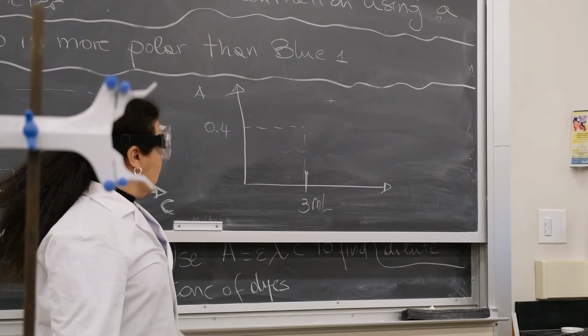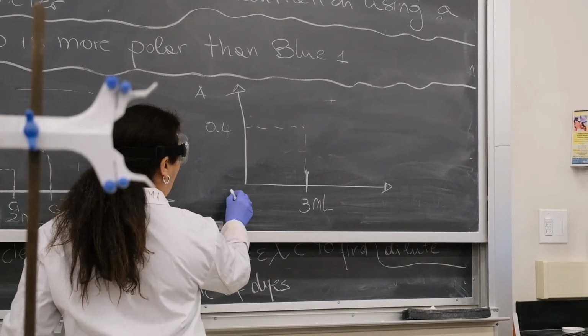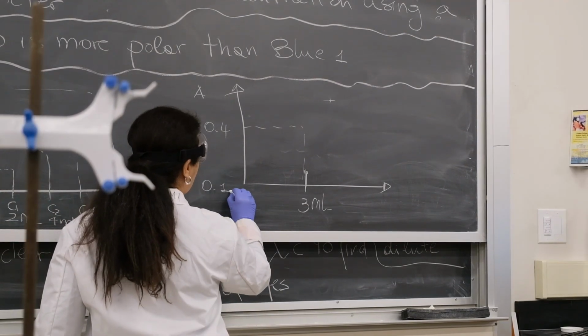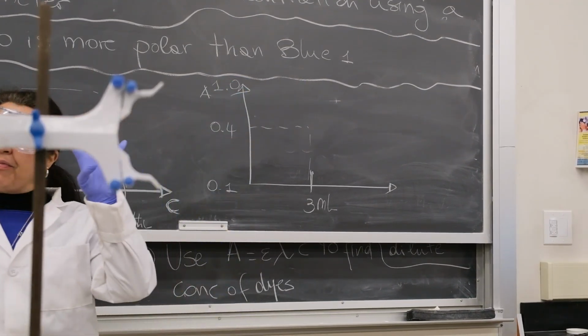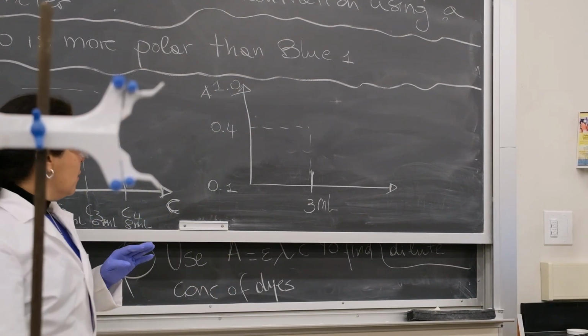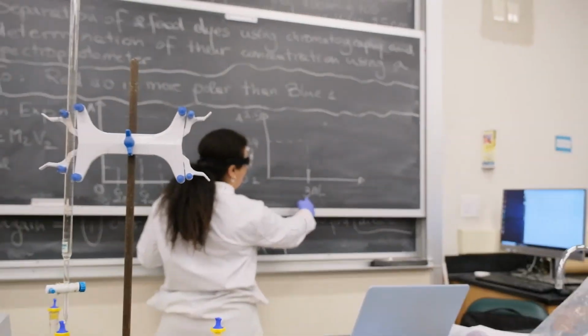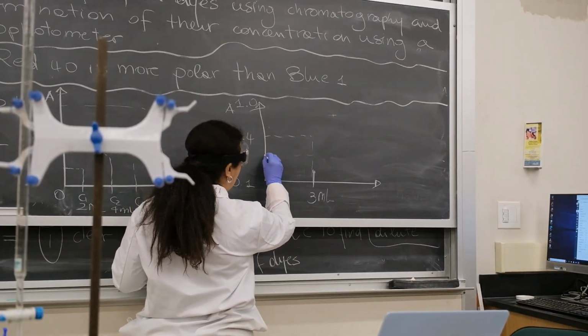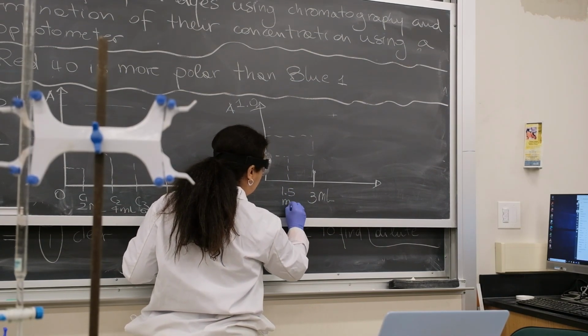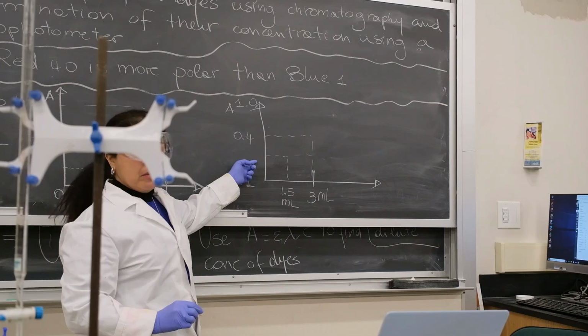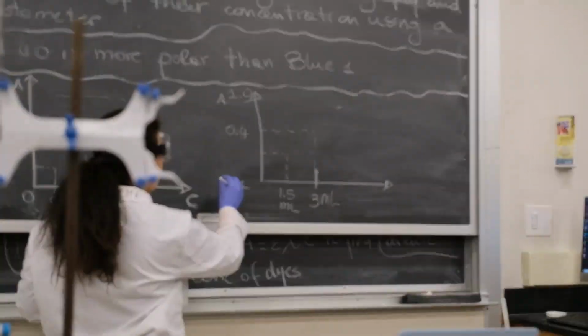So what you need to do, because you have to go from 0.1 to 1, and you have to have 4 data points, you're going to maybe divide and get to 1.5 milliliters and see what is your absorbance. It should be half of it, right?